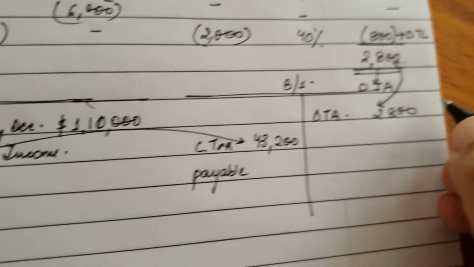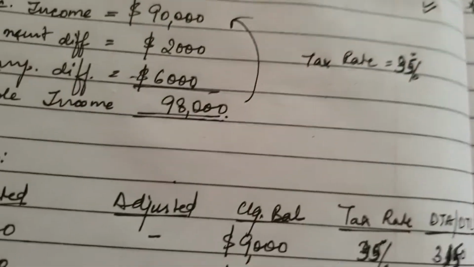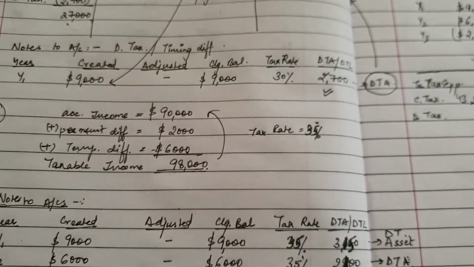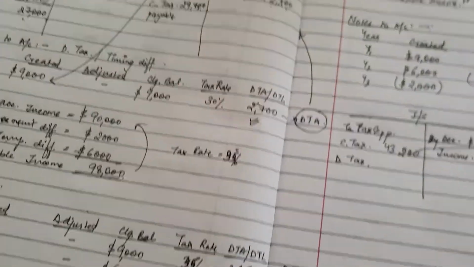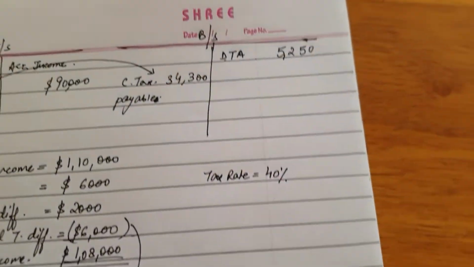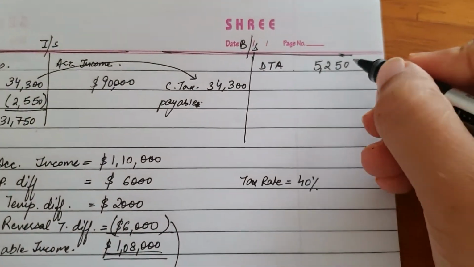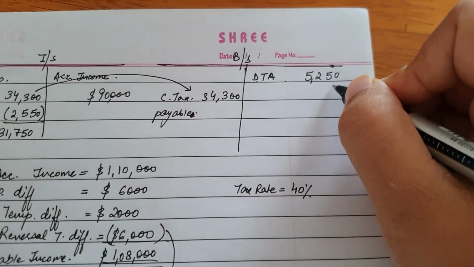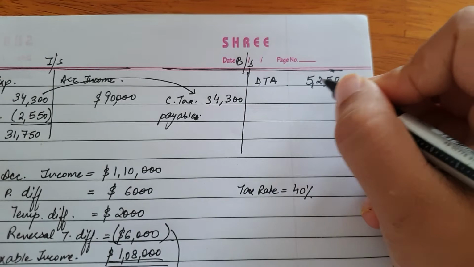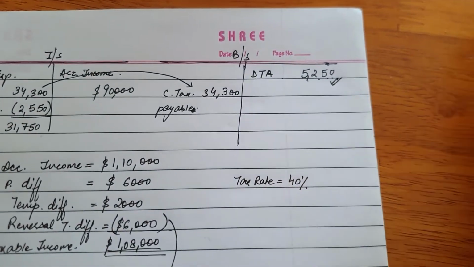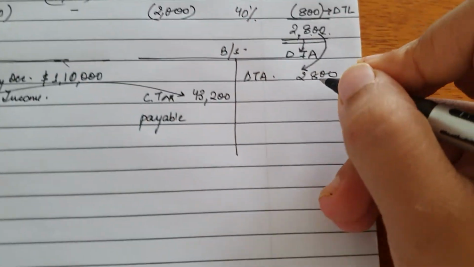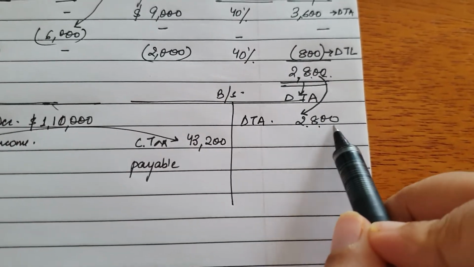Now year 2's balance sheet already had a balance of 5,250 in the deferred tax asset. Now this has reduced to 2,800.